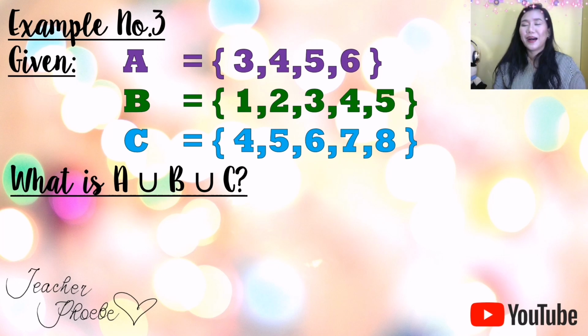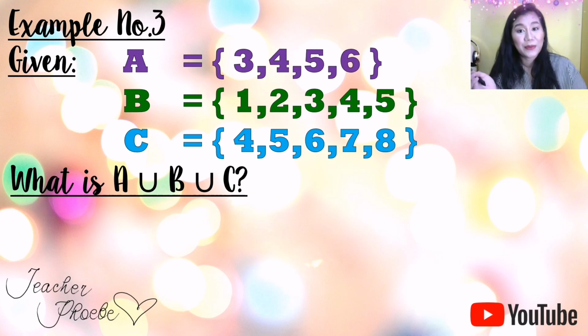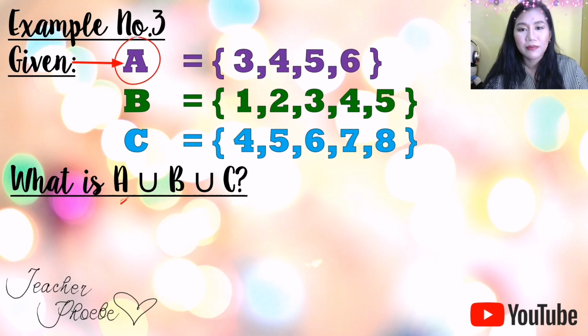Okay. Do not be afraid kung madami na kayong letters na nakikita or madami ng letters ang hinihingi sa inyo. You just remember that getting the union is just simply listing down all the elements that are found in 3 sets. Okay? So, ibig sabihin, lahat i-consider natin. So, titignan natin yung elements ni A. Okay?